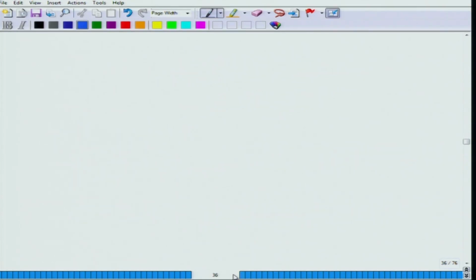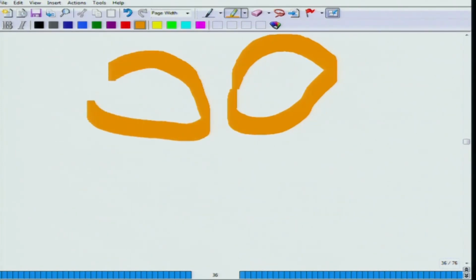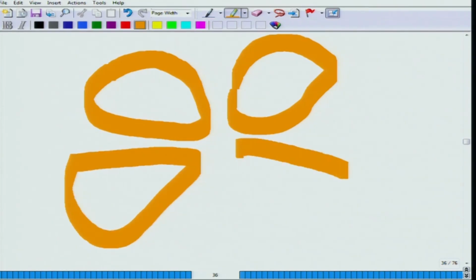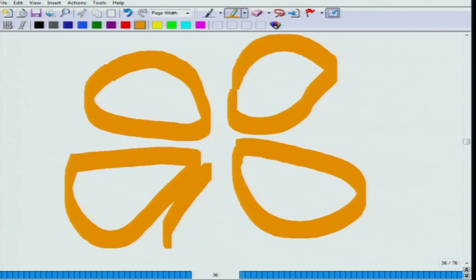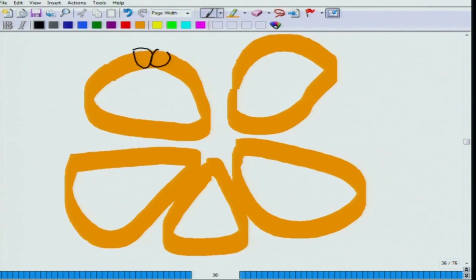So, in the last class I drew this, so I am redrawing it for you. Just something like this, what we drew. So, these are the ducts in the pancreas. And there are these cells sitting like this.